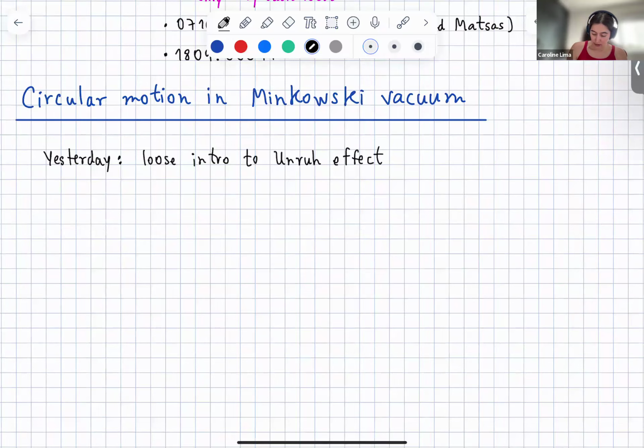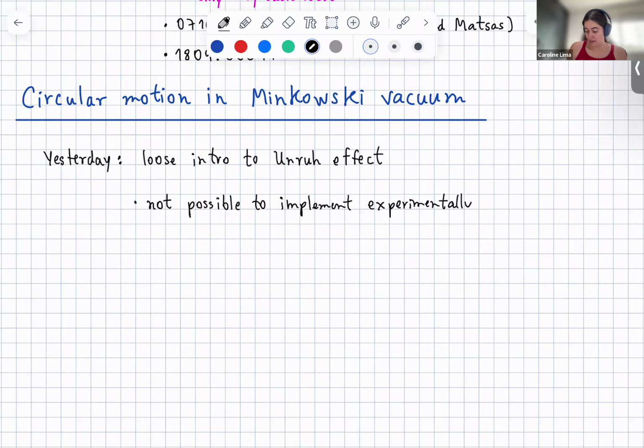And one thing that we saw is that it's really hard to implement this experimentally, so basically not possible to observe experimentally. The reason for that is that we need some huge, quote unquote, linear acceleration, and that should be for some arbitrarily long time, to be able to thermalize the detector.